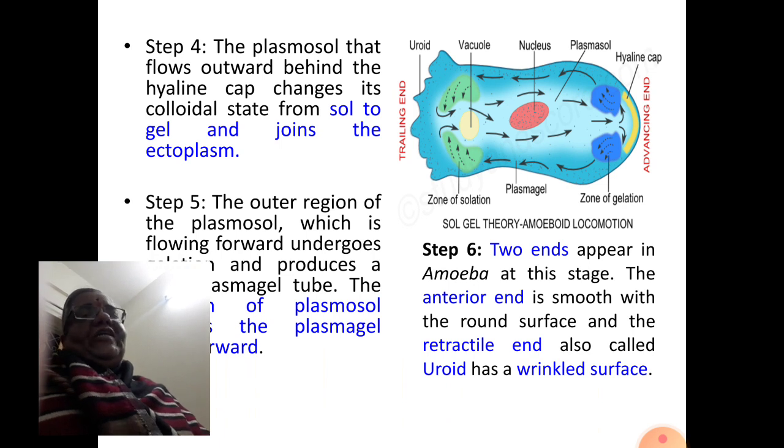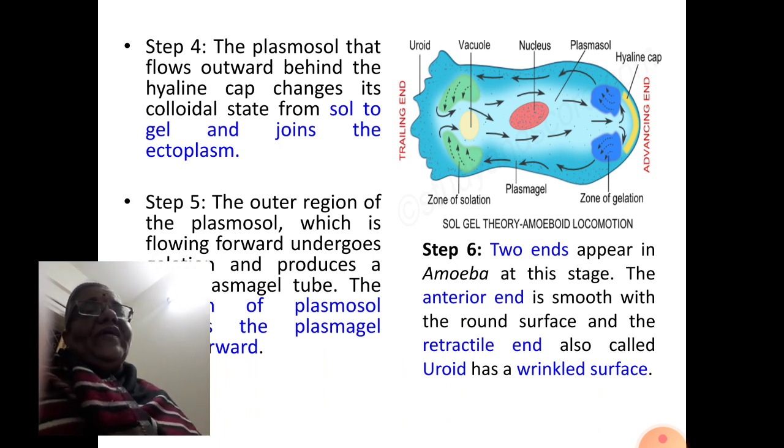Then, step 6. At this particular stage, 2 ends appear in the amoeba cell. The anterior end is smooth and round, that is the advancing end, where the pseudopodium is being formed, and the retractile end, also called uroid, which has a wrinkled surface.